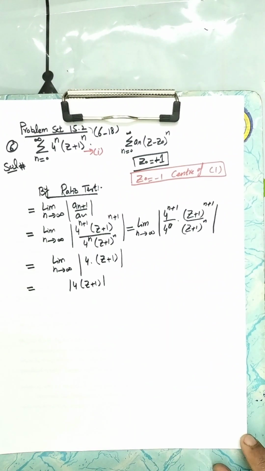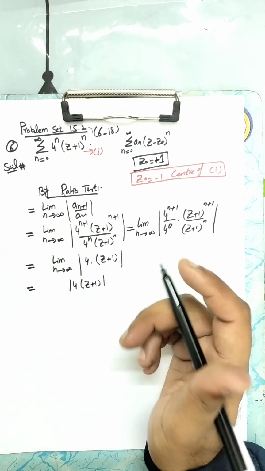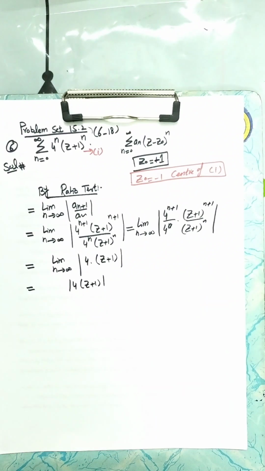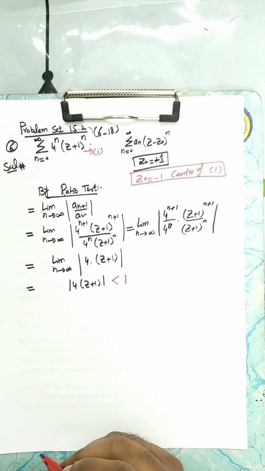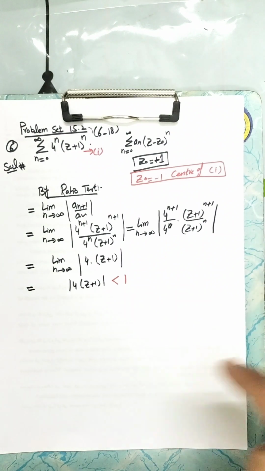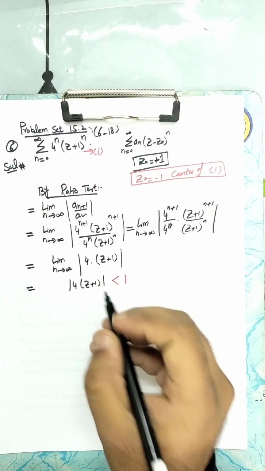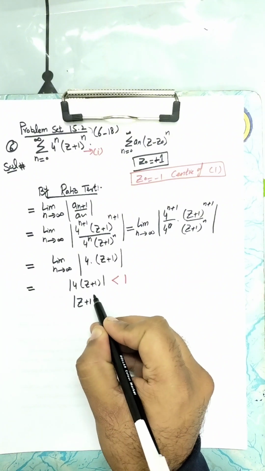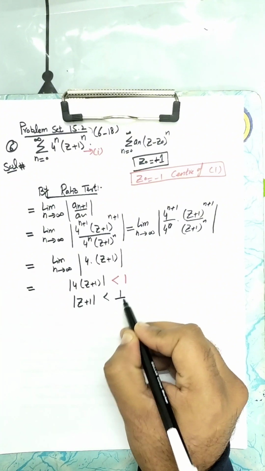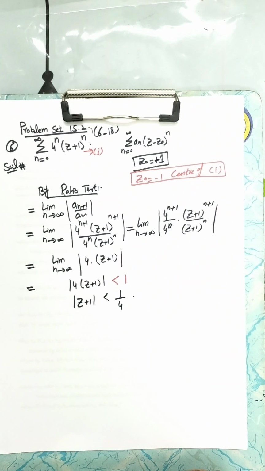Now we want to calculate the radius of convergence. We know that the Cauchy ratio test converges if the limit is less than 1. So we use this concept to calculate the interval of convergence. This becomes the modulus of z plus 1 less than 1 over 4.